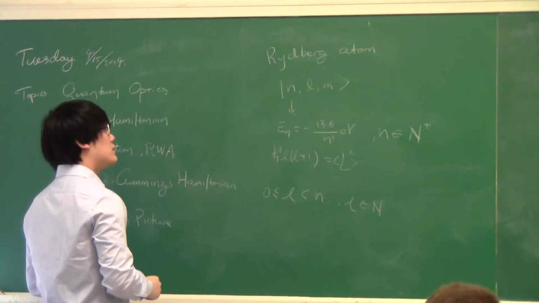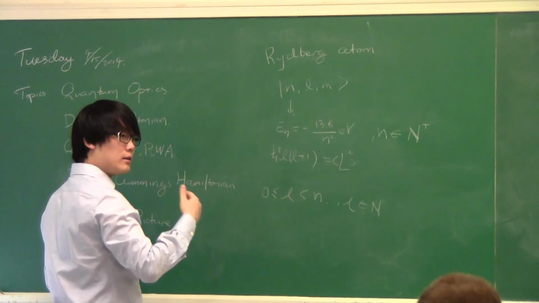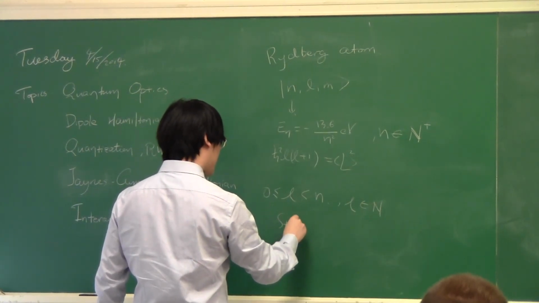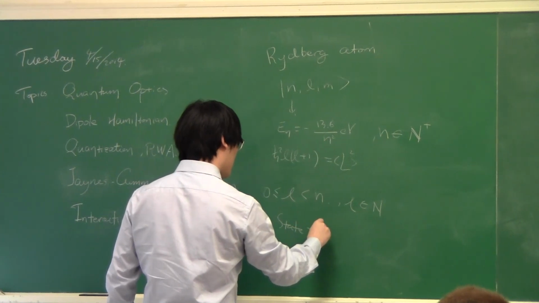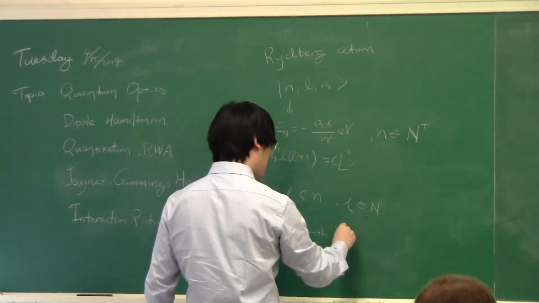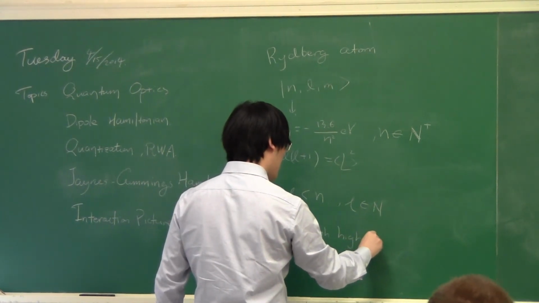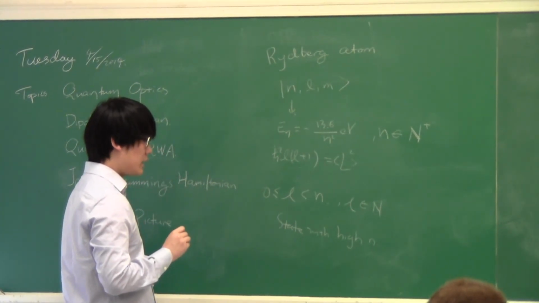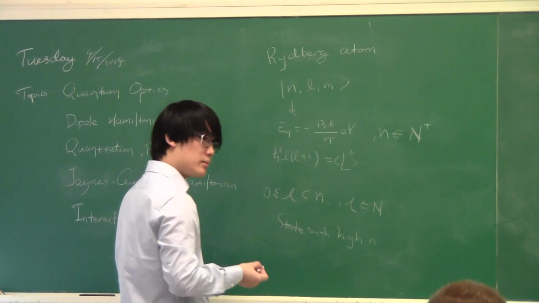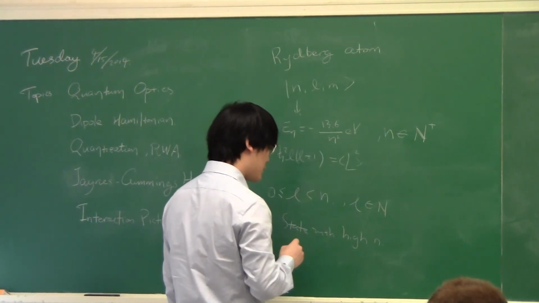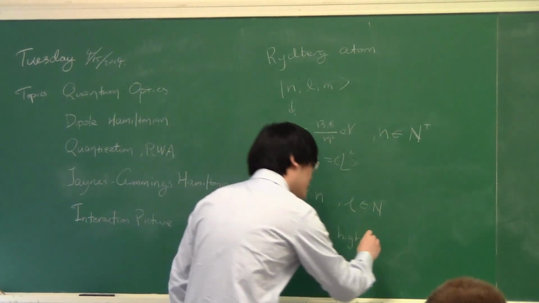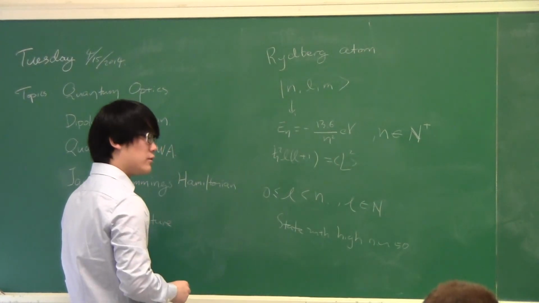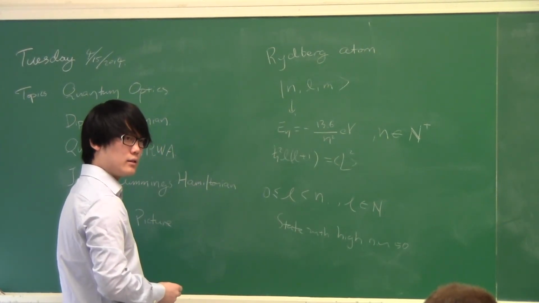So if the atom was at a very high n state, say in typical quantum optics experiments, they use the n equals 50 state. So your l can go from 0 to 49.